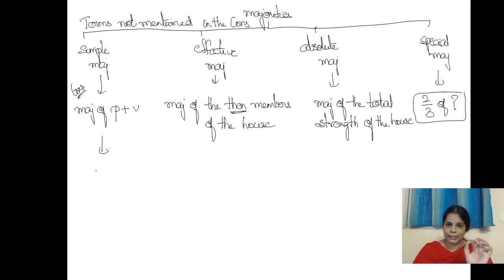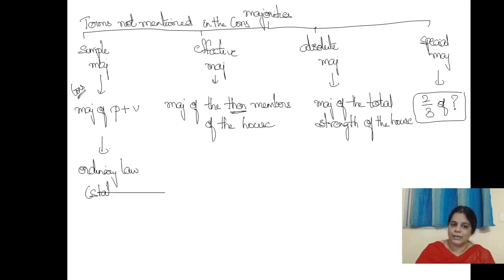Any decision taken by a simple majority by Parliament, if it is converted into a law, then we call it an ordinary law. In general terms, we call it ordinary law. In legal terms, we call it a statute. Ordinary law and statute are the same. So any decision taken by the Parliament through a simple majority turns out to be a statute.